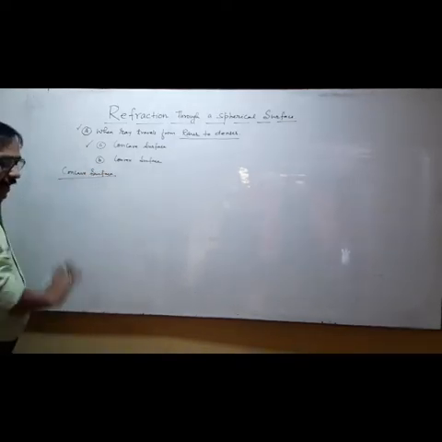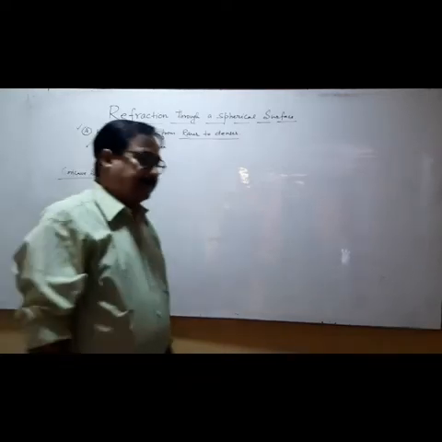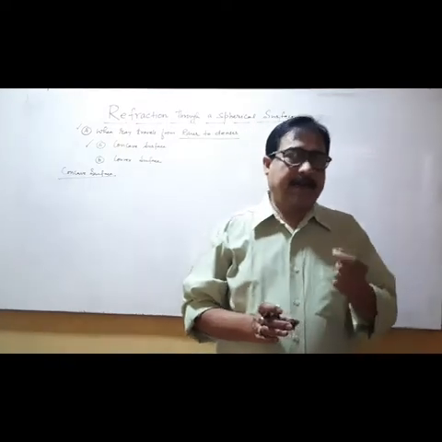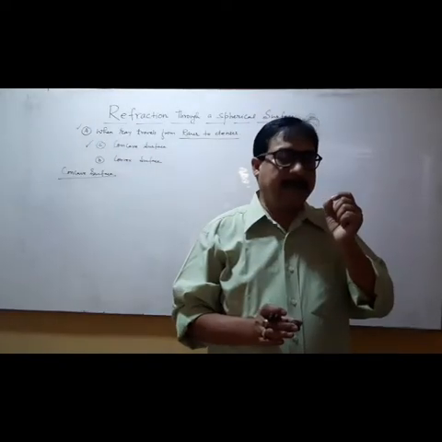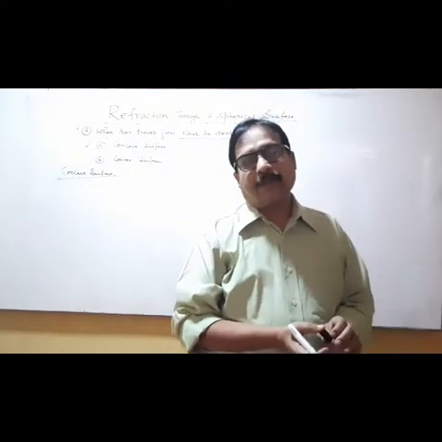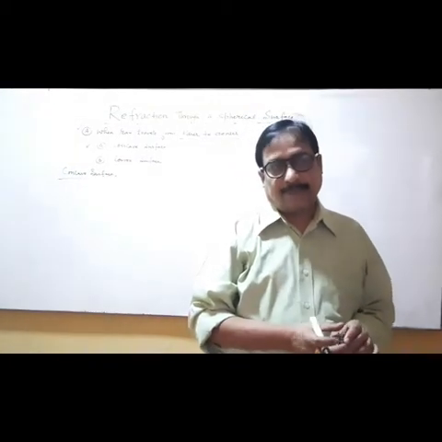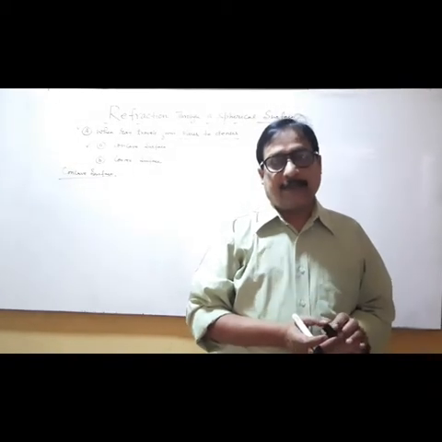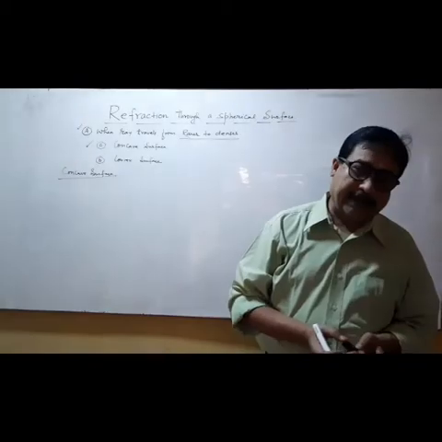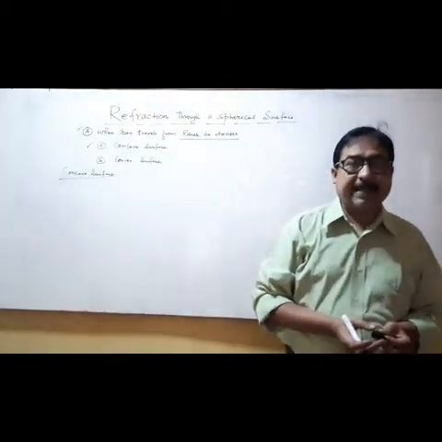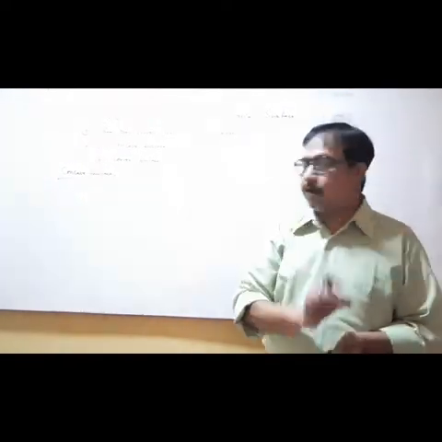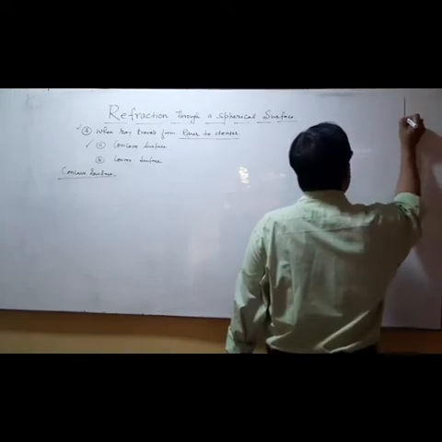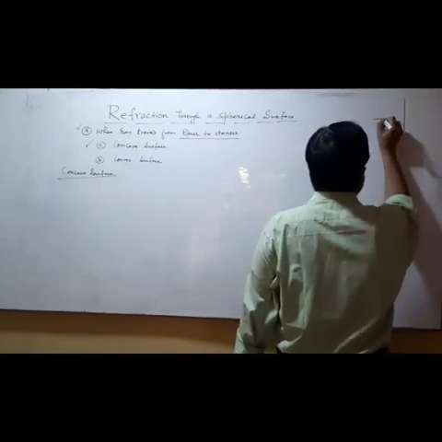But before I start this, I am just giving you the small knowledge about the sign convention. In class 10th you have studied about sign convention, which direction we will take as positive and which direction we will take as negative. So I am just giving you an idea. That is called coordinate axis sign convention.